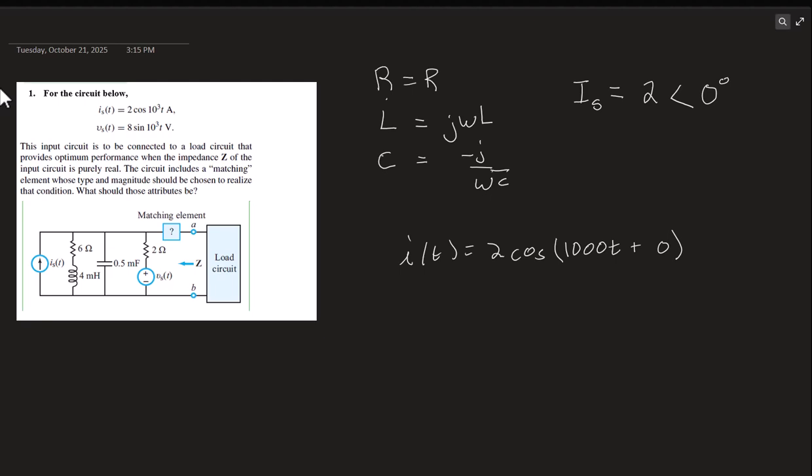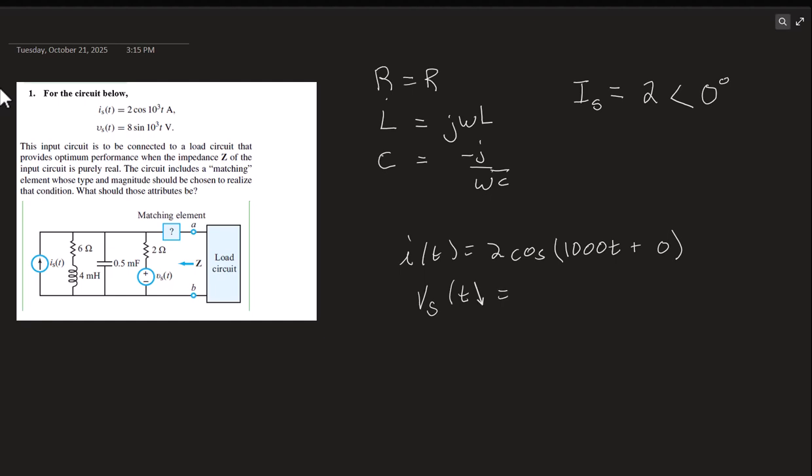And then how do we switch from sine to cosine? Yeah, so it's just 90 degrees.